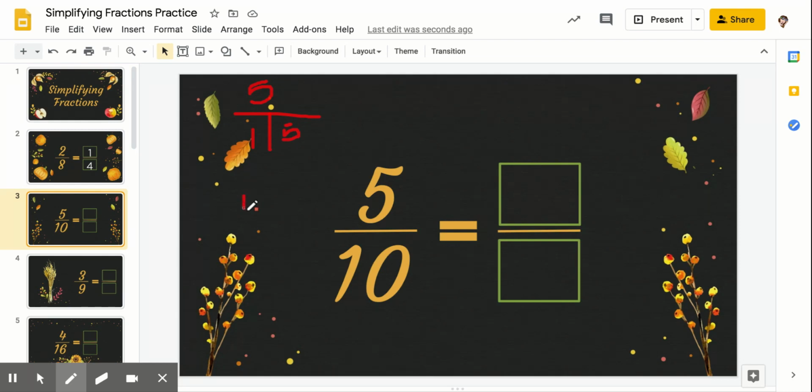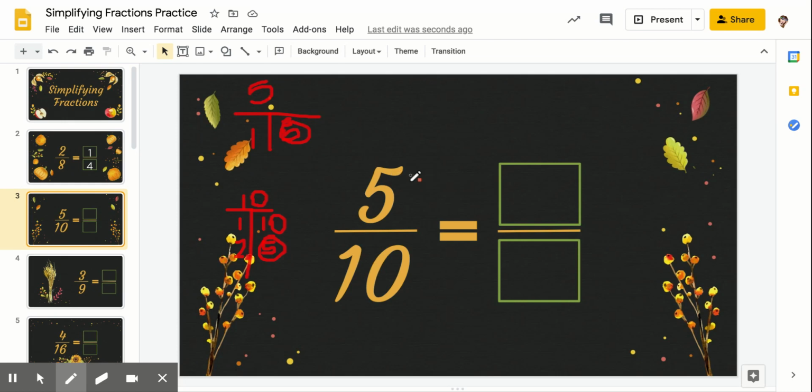Well, 10, I know that I can do 1 times 10 and get 10, but I can also do 2 times 5. So 5 is going to be 5 and 10's greatest common factor.